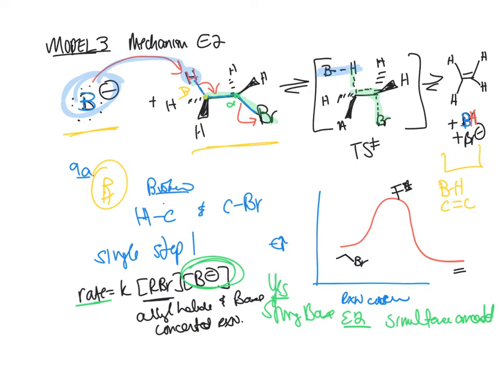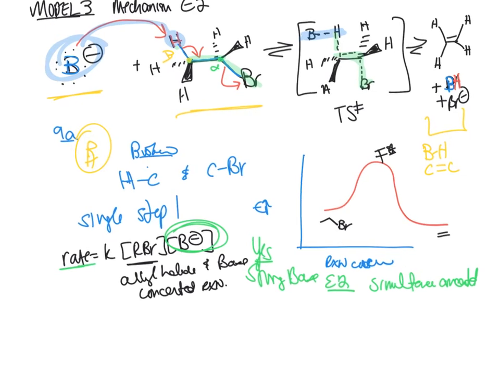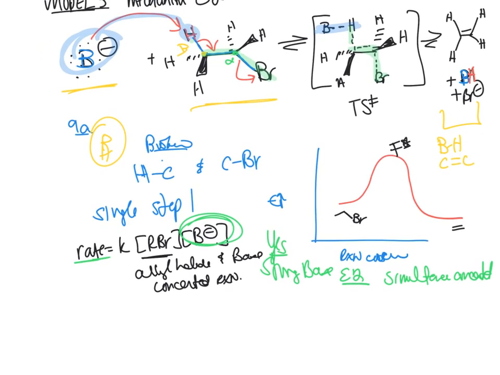So once your group has reached agreement on the questions, compare E2 mechanism to the SN2. Describe the similarities and differences. Well, the similarities are going to be the reaction energy diagram is going to look pretty much the same. The rate of reaction is going to be both dependent on your alkyl halide and your base.